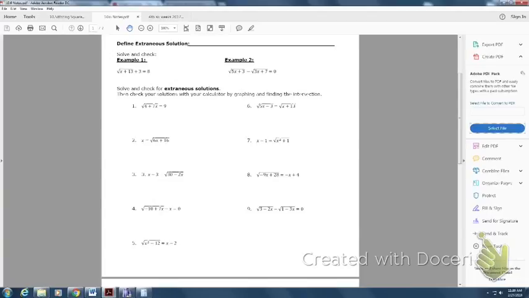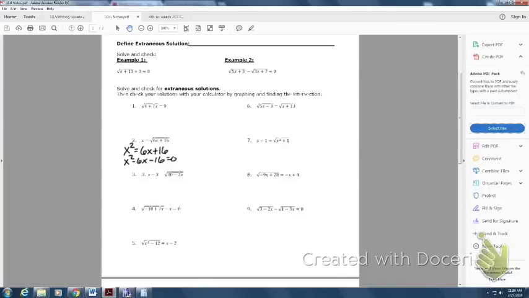What's the first thing that I'm going to need to do? Get rid of the radical. How do I do that? Square. Alright, I'm going to square both sides. And then, what am I going to need to do there? How do I solve? Set it equal to 0. What tells us that we need to set it equal to 0?